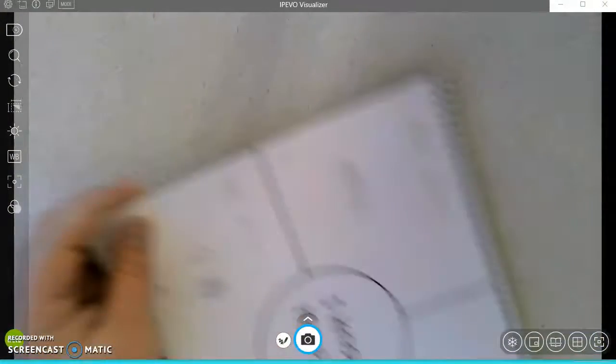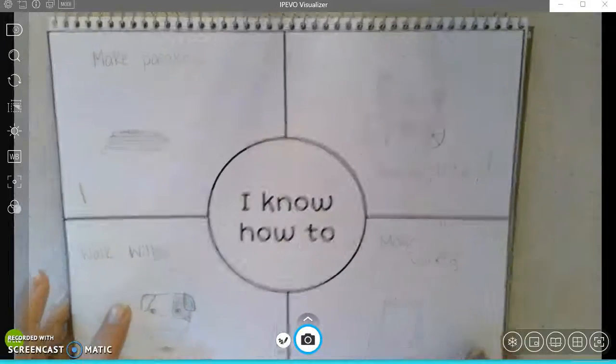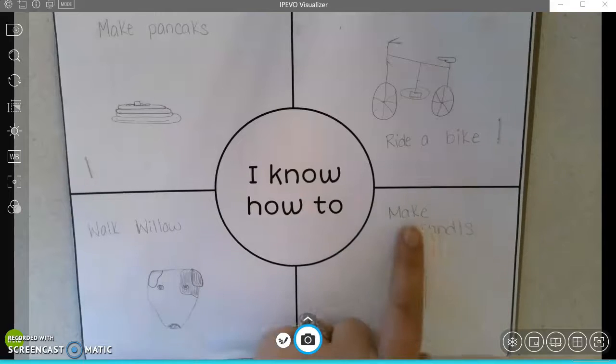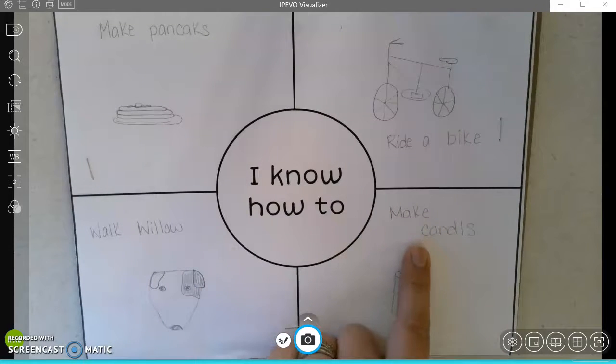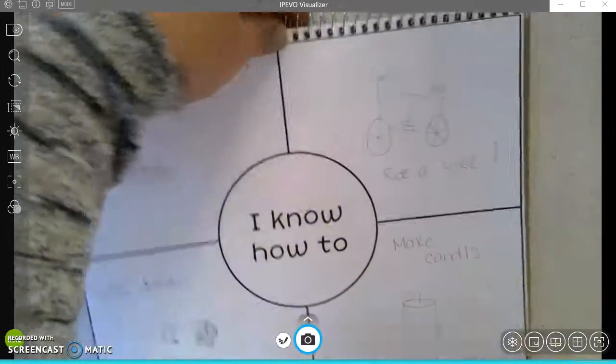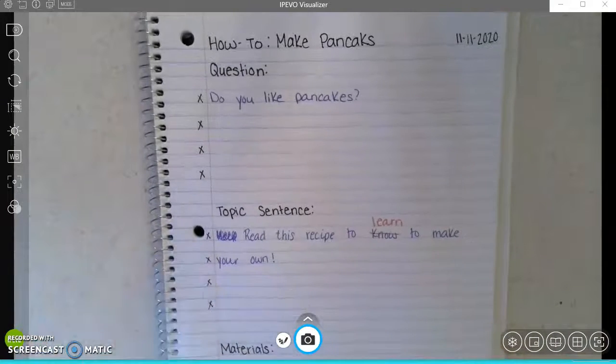But I do want to review where we've been so far with our how-tos and then how to put our introduction together. So remember that we started with brainstorming by drawing a couple simple pictures and writing a couple of words. Now, when we wrote this, it wasn't a sentence, it wasn't a story, it was just something so that way we remembered what our picture was. And then you had to pick one of these four things that you wanted to teach people to do.